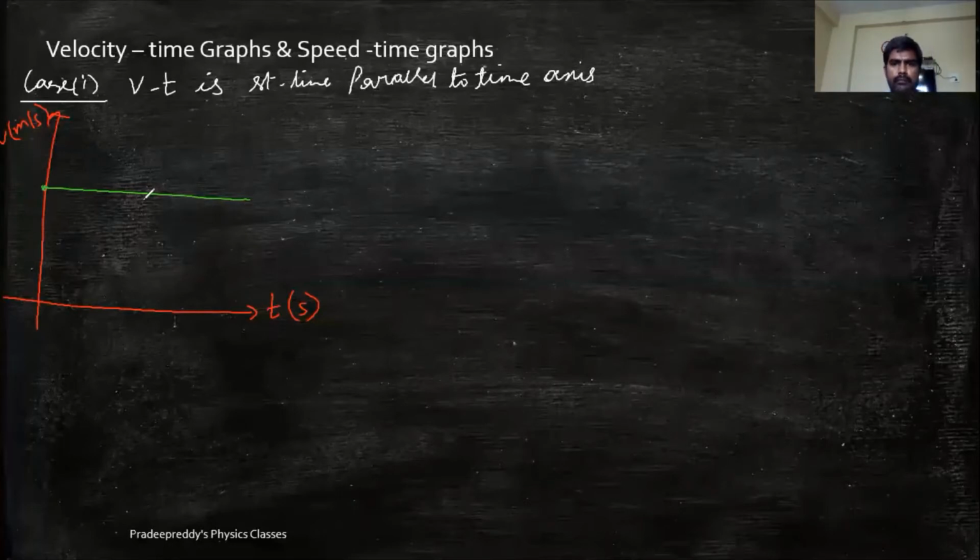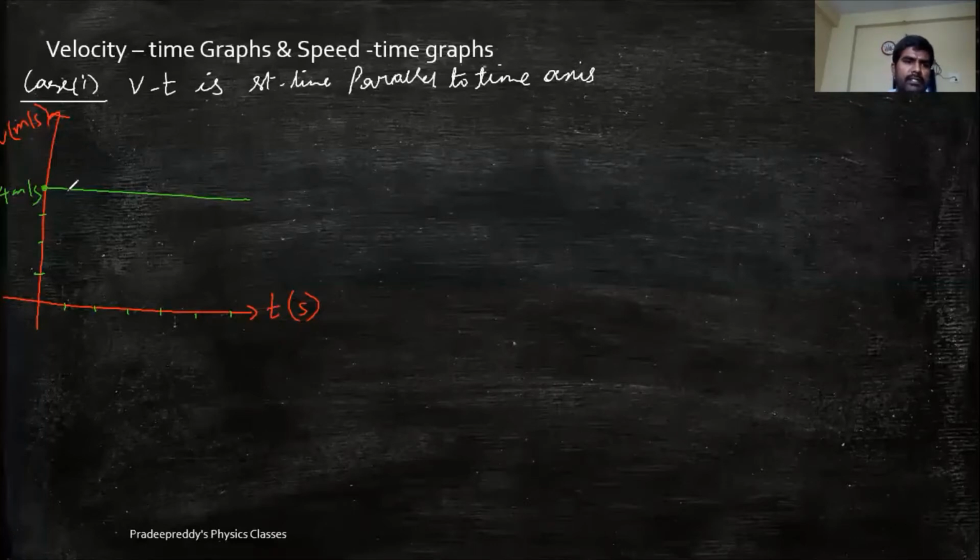Right? Now what information are you getting from this graph? Check it at any particular time. If you observe at any particular time, the velocity of the body is maintained constant. Say, for example, this value is 4 meter per second. Velocity of the body is 4 meter per second at any time.